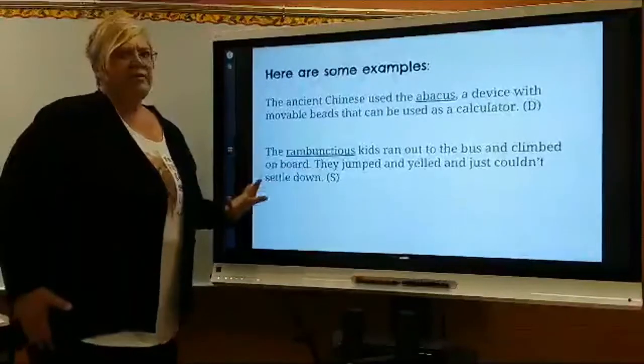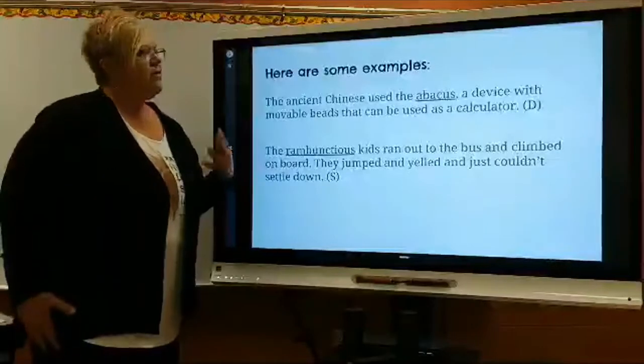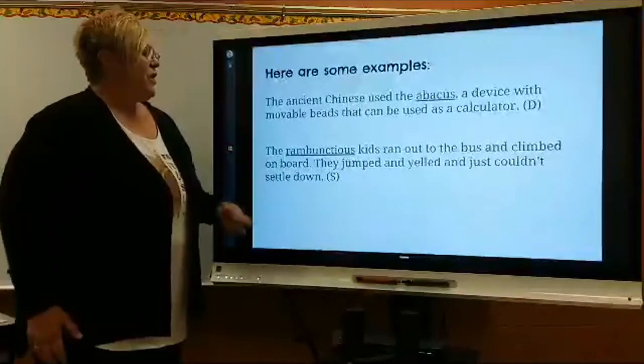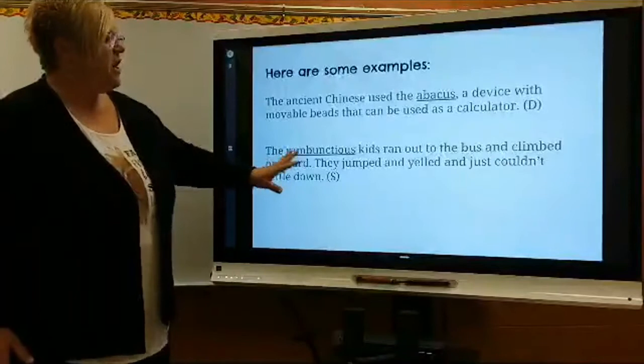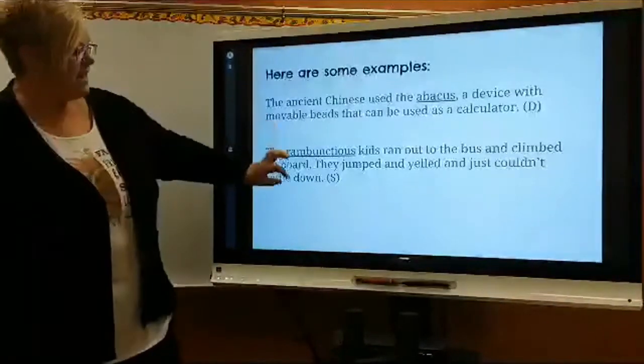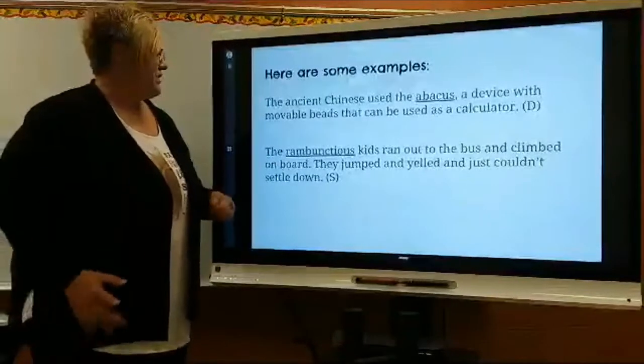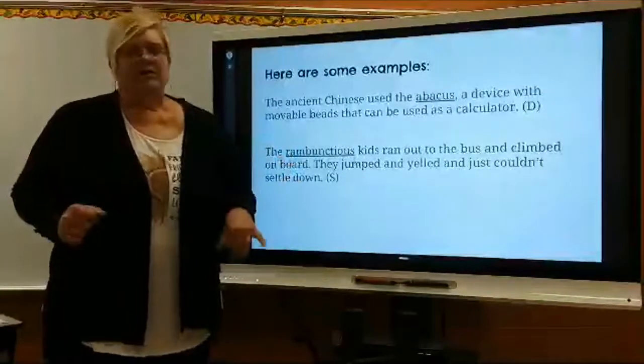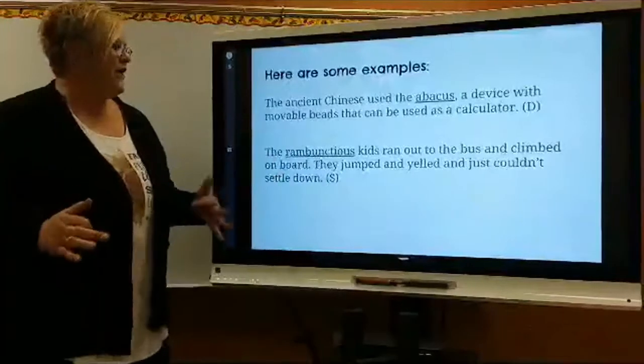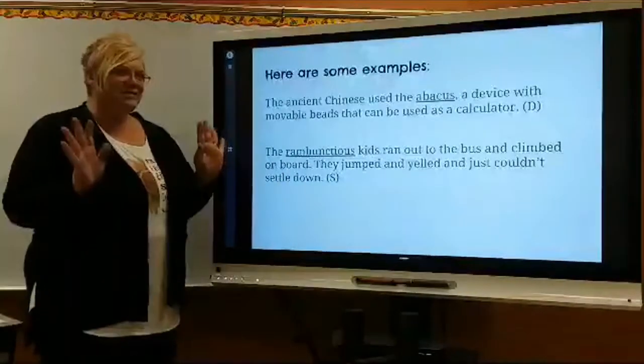How do we know that it's something very similar? We know it's a synonym because the context of the explanation of rambunctious is they jumped and yelled and just couldn't settle down. So you all know how that looks whenever you are running out of the bus. We all know what that looks like.